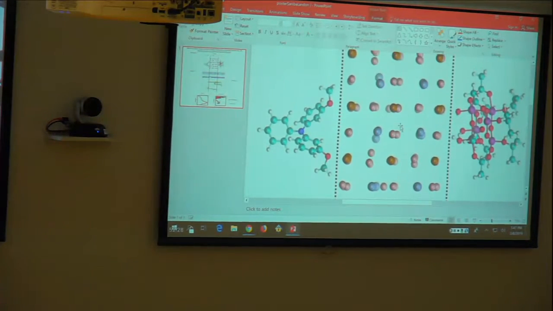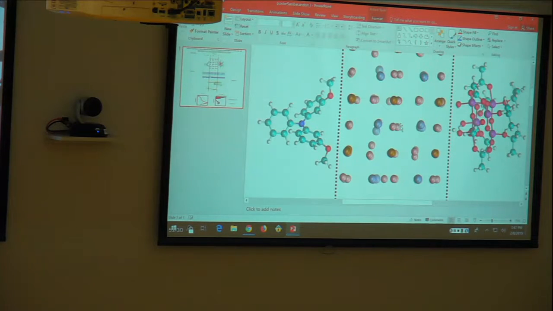It's left and right, which is which. The positive electric field would be, so the electric field lines would be pointing to the left.